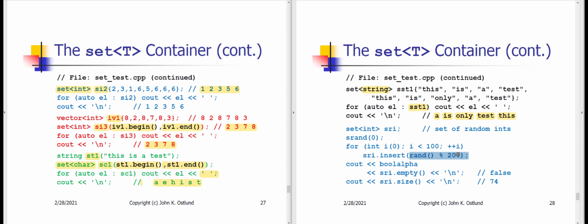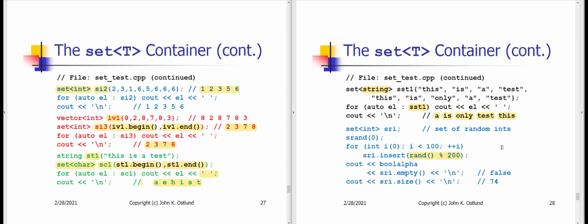All of the random integers that I'm inserting are going to be in the range from 0 to 199, and I'm going to do 100 inserts. Now, when I ask for a random number and take its remainder after division by 200, it's likely that I'm going to get some duplicates.